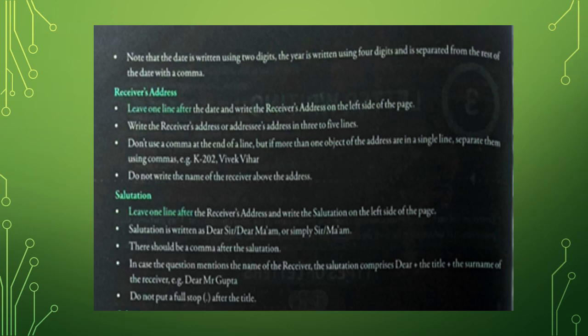It is not at all important. But if more than one object of the address is in a single line, separate them using commas, as I've taught you in the from address. Do not write the name of the receiver above the address. In case it is written to the principal, you will write only the designation, the principal or the collector. You will never ever write the name of the particular person.